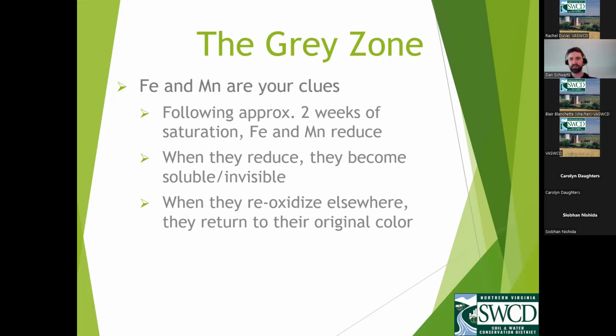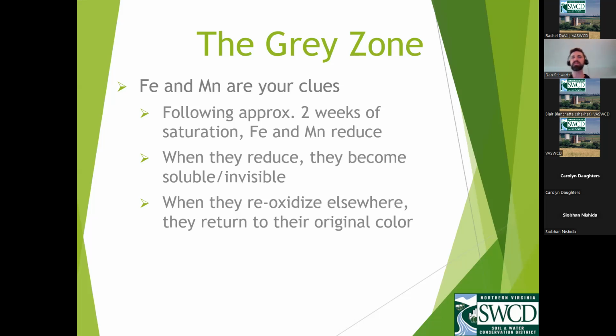Generally speaking, iron oxide, well, not generally speaking, always speaking, iron oxide and manganese oxide exist in oxygenated environments. They need oxygen in order to combine and create the iron oxide or manganese oxide. So what happens to those iron oxides and manganese oxides when they're living in a saturated anaerobic environment, meaning an environment where the oxygen in the soil has been depleted?